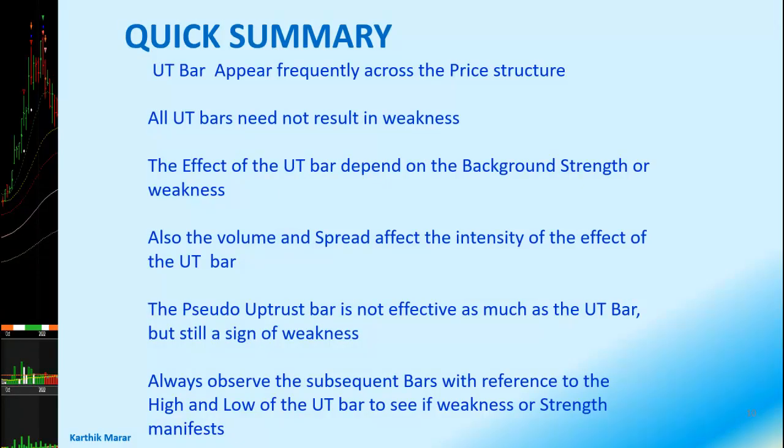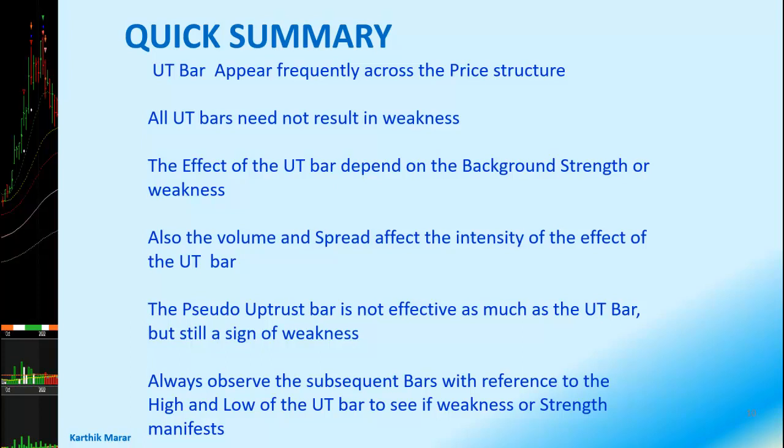That brings us to the end of this video. Before we close, let's quickly summarize what we learned in this session. The upthrust bar or the UT bar appears frequently across the price structure. But all UT bars need not result in weakness.